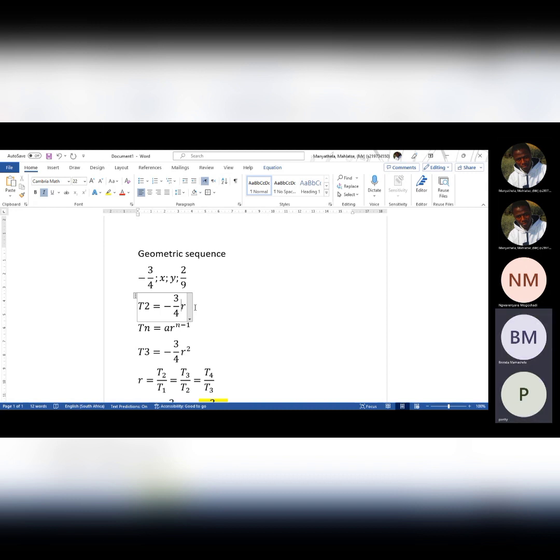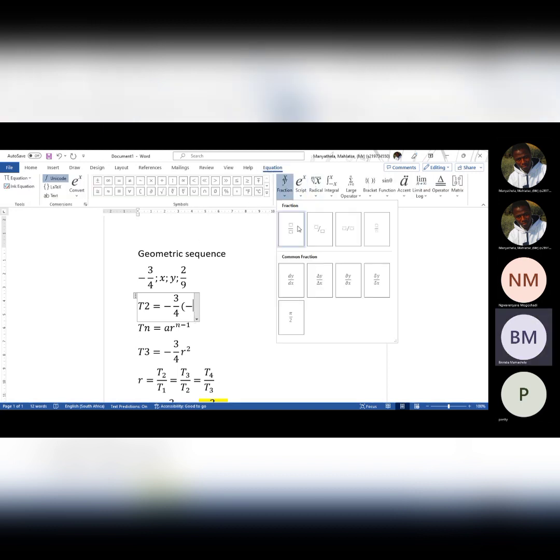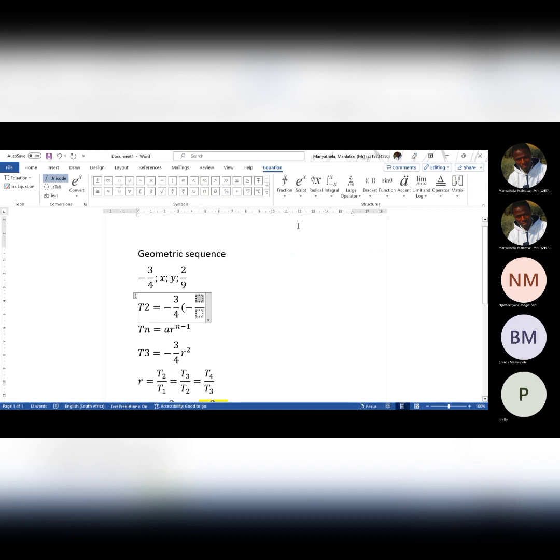Again, determine the values of x and y. Use the value of r to save time. Replace r with what we got, which is minus 2 over 3.